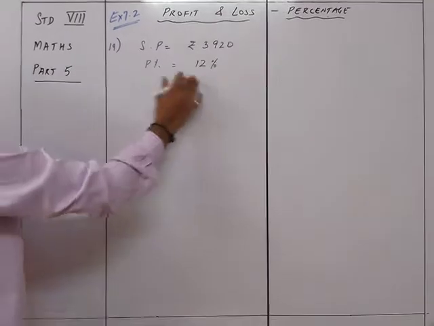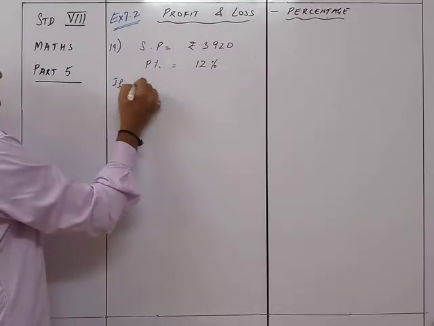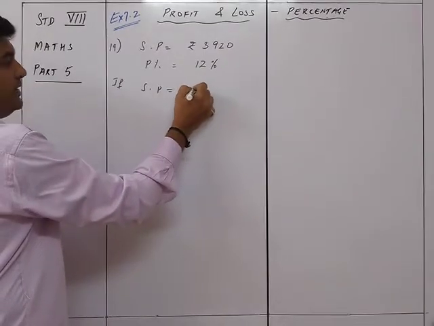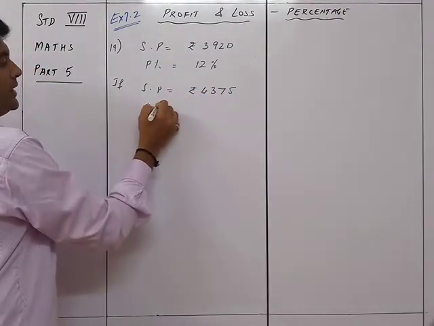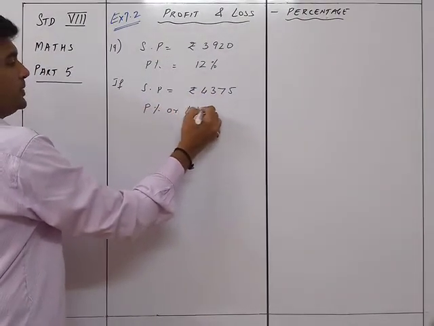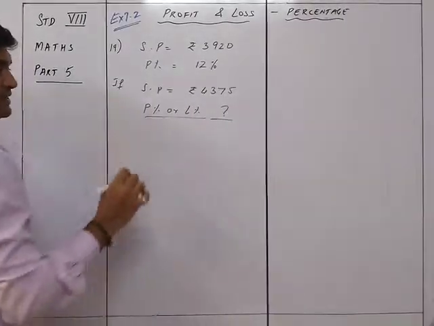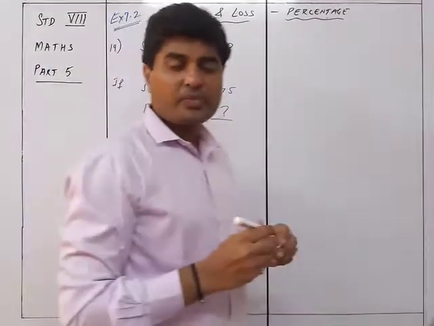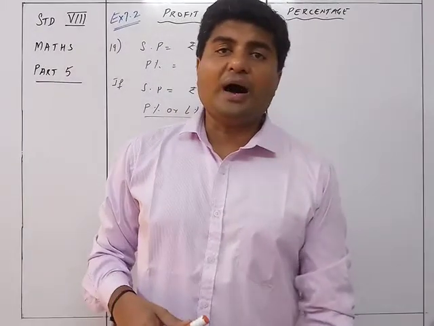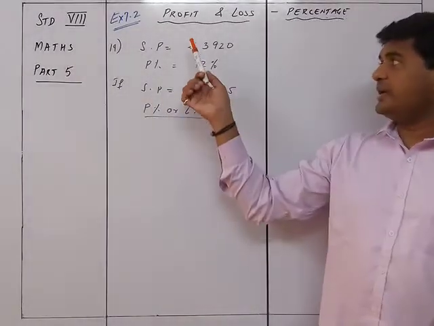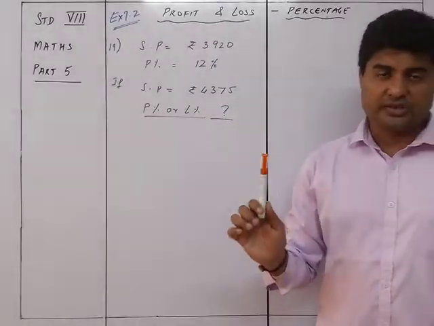So if SP is equal to rupees 4375, what will be the profit or loss percentage? That is what we need to find out. That is the kind of question they've asked. Now in this case, you are given the first case, SP and the profit percentage.